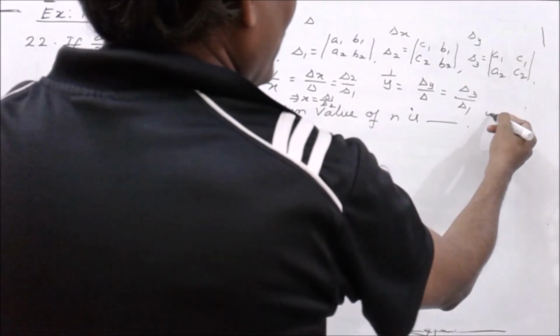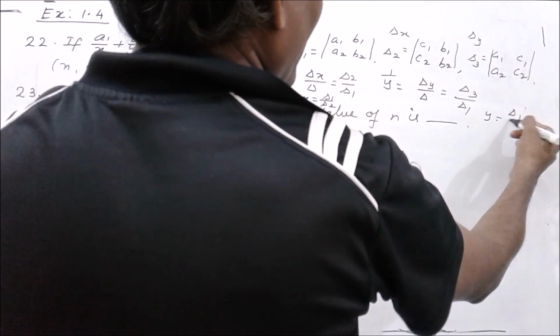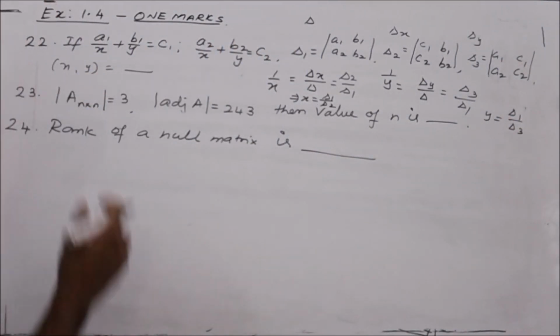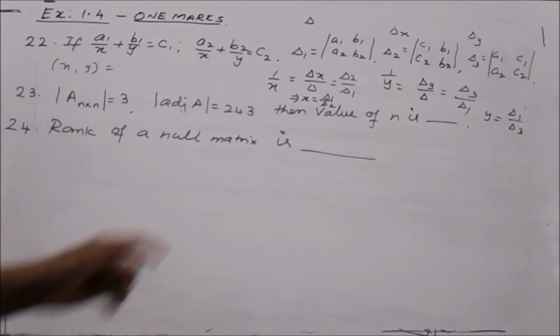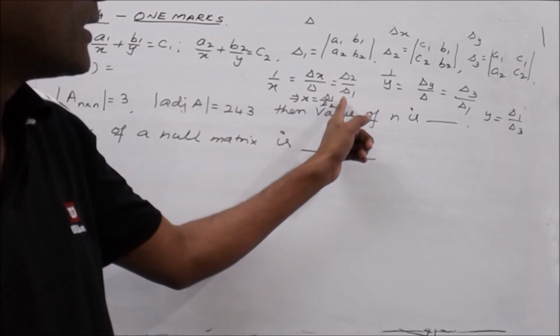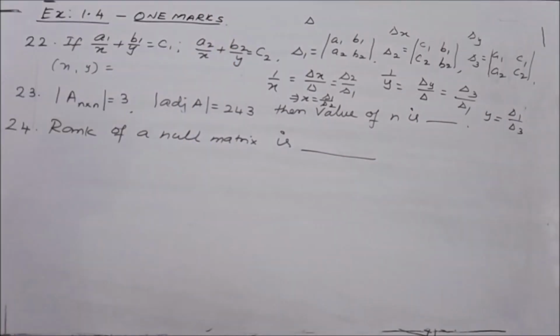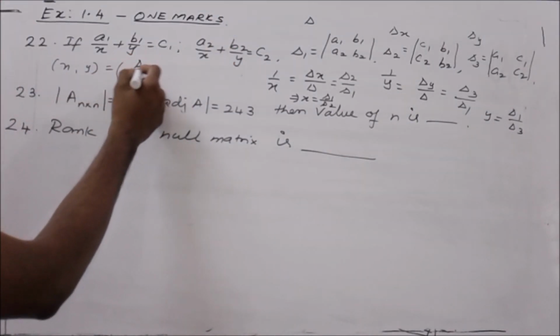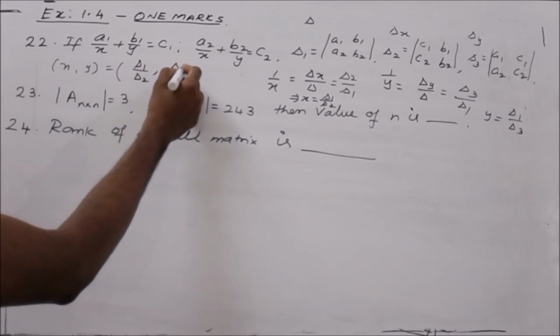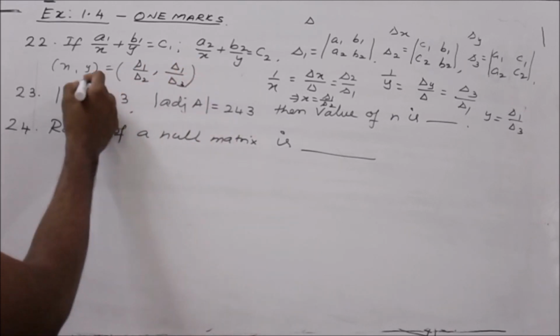To find y, reciprocally it is delta 1 by delta 3. Therefore x comma y equal to delta 1 by delta 2 comma delta 1 by delta 3. Option C.